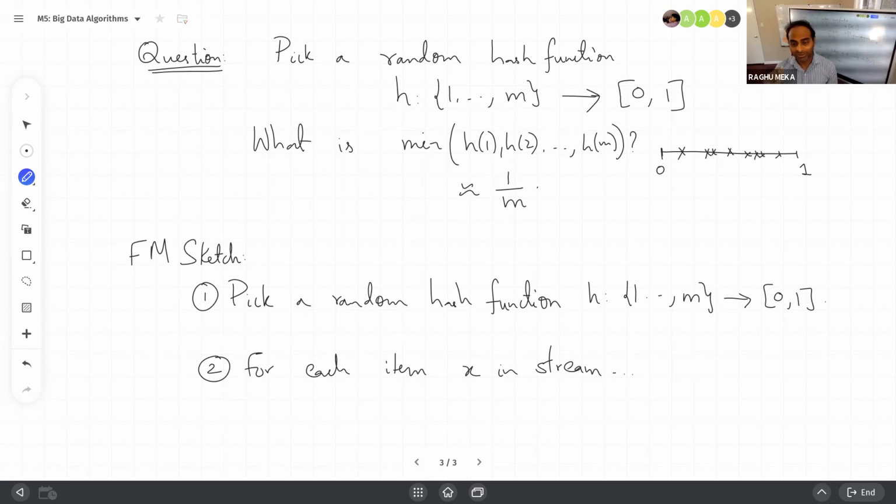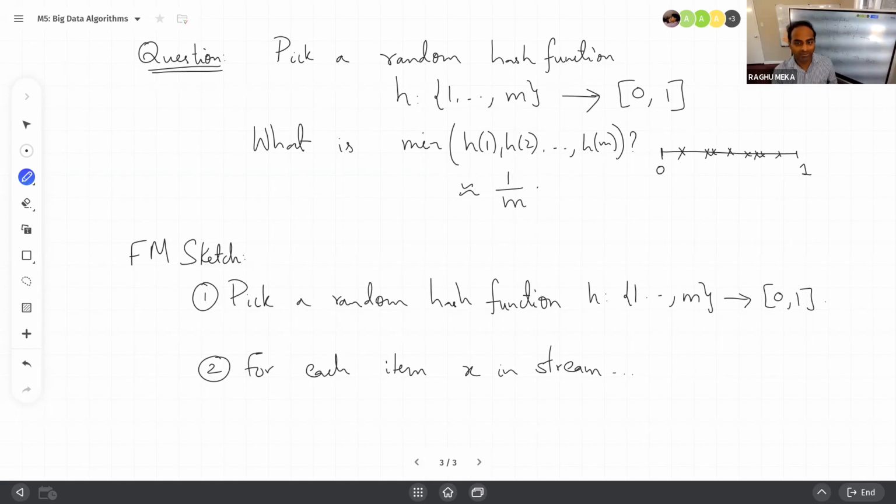The hash function is fixed for each element. Now, if I have many distinct things, we'd expect the minimum element among them to be small. Somehow if I have many distinct things, you should go closer and closer to the origin. You should see at least one point close to the origin.